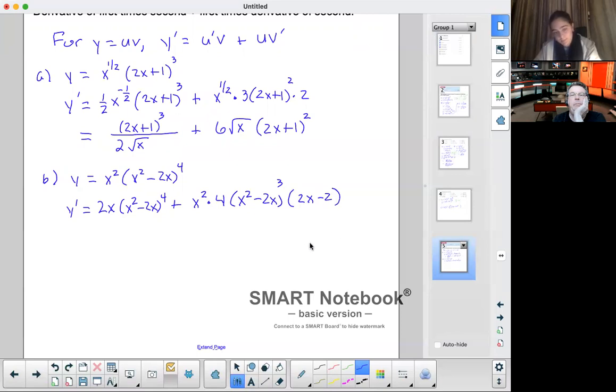Excellent. And I would probably just, this is fine, but the math teacher in me says, let's write that as 4x squared, but it's fine. Okay. That is the product rule.